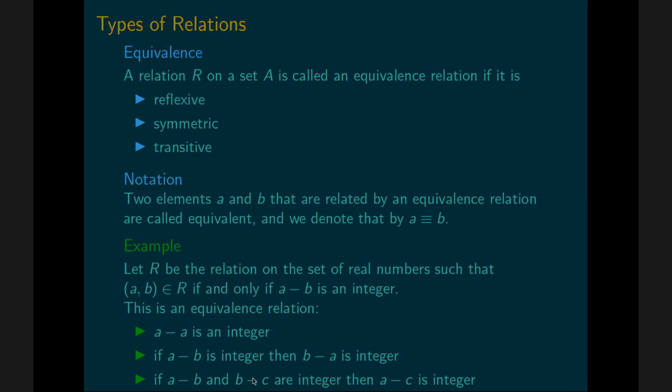It is symmetric: if A minus B is an integer, then also B minus A is an integer. It's just the negative, the same result with a minus. And it is transitive: if A minus B is an integer and B minus C is an integer, then also A minus C is an integer. So this is an equivalence relation.